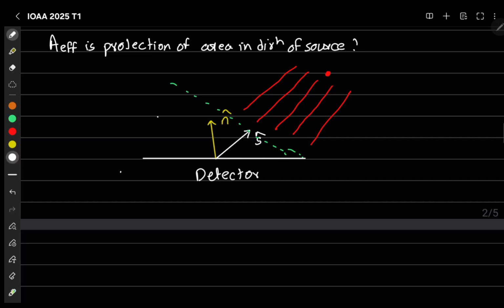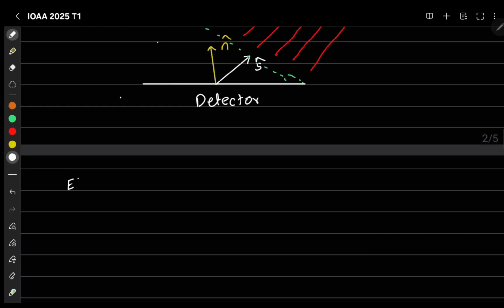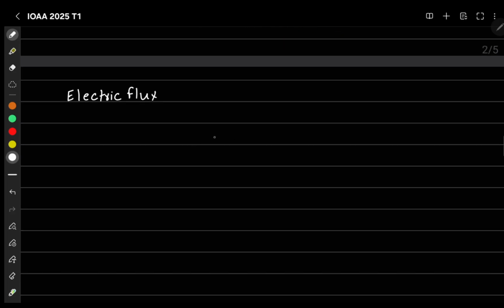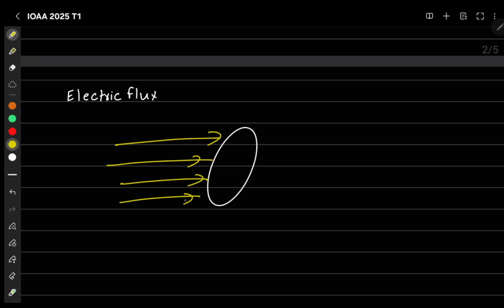This is exactly like electric flux. Here in electric flux also, this is my electric field and this is my unit normal vector.